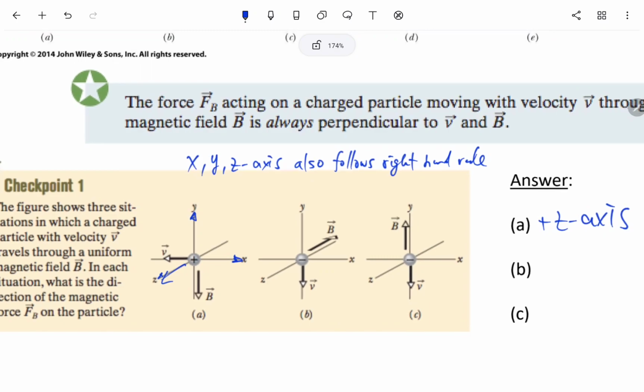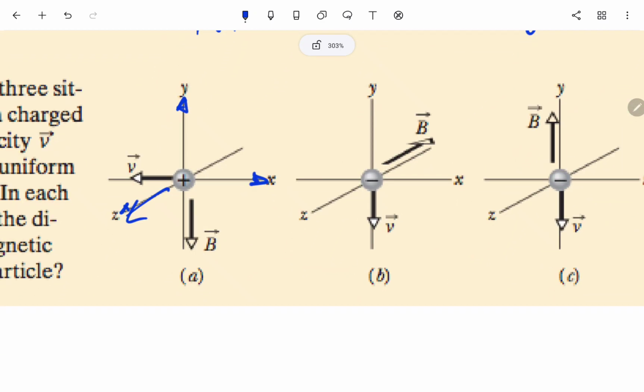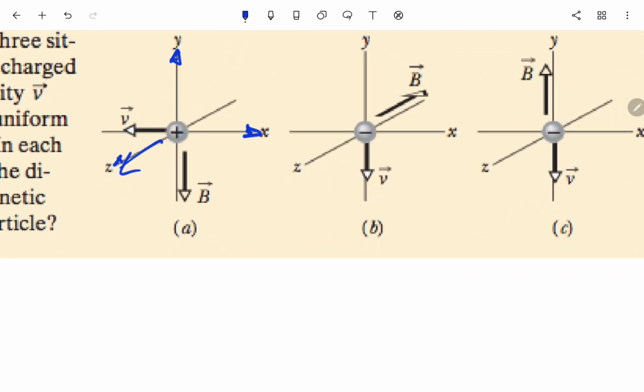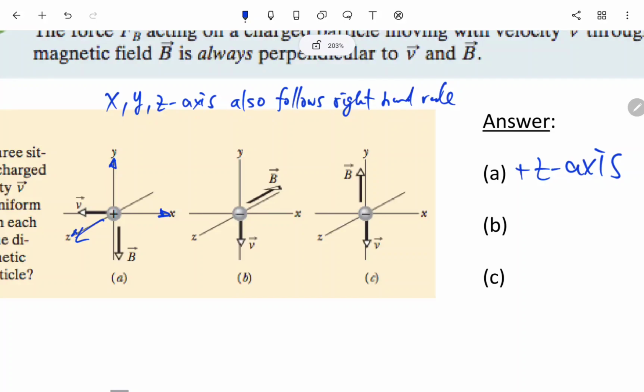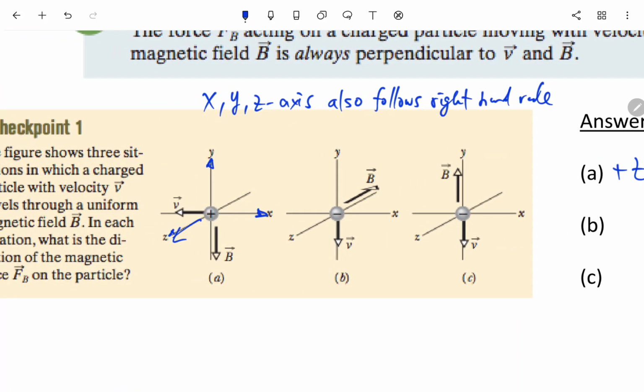In another way, we can use the unit vector notation to determine the direction of FB. Here we can see that v is pointing to the negative x-axis, so it can be negative v i hat.